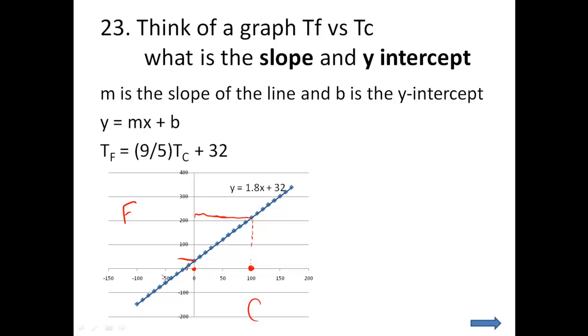But the other thing you want to be sure and notice is the slope of this line. Remember the line equation, y equals mx plus b. This line equation is the conversion factor to convert from Celsius to Fahrenheit.